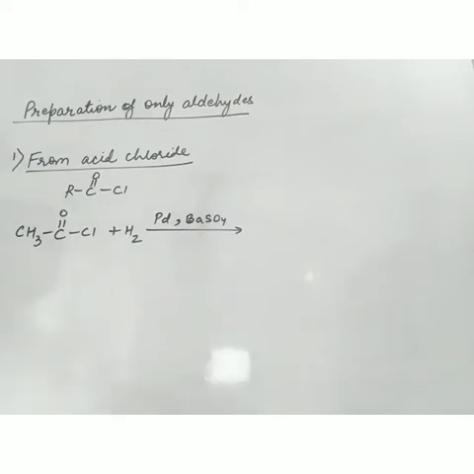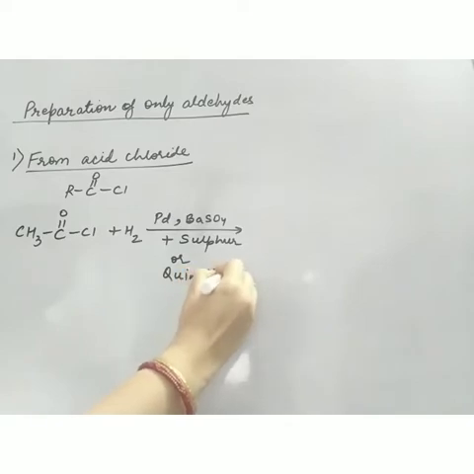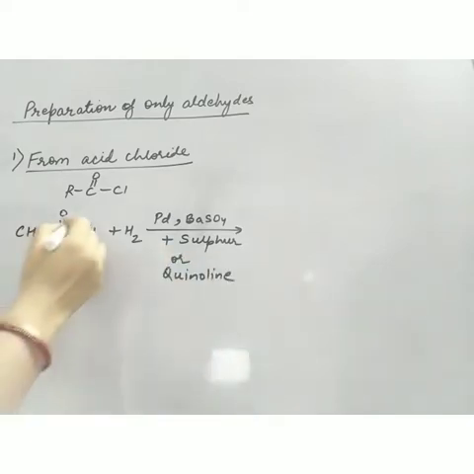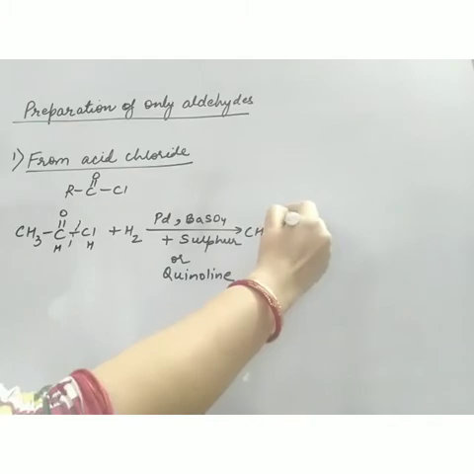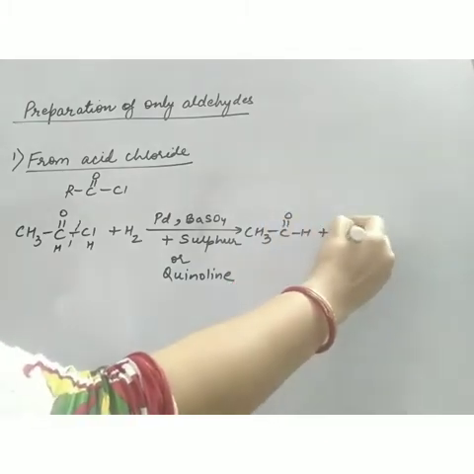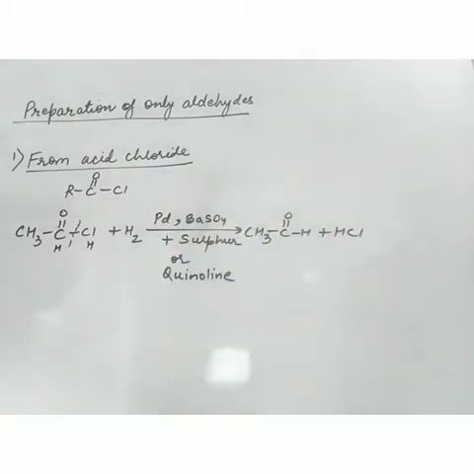This catalytic mixture is poisoned by adding either sulfur or quinoline. Now this bond will break, one H here and one H here. So the product will be CH3CHO plus HCl. So we'll get only aldehyde.